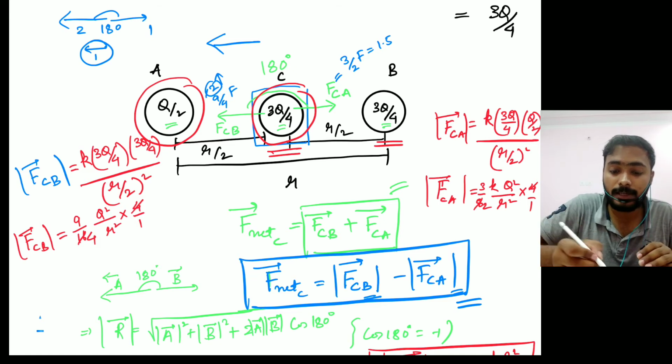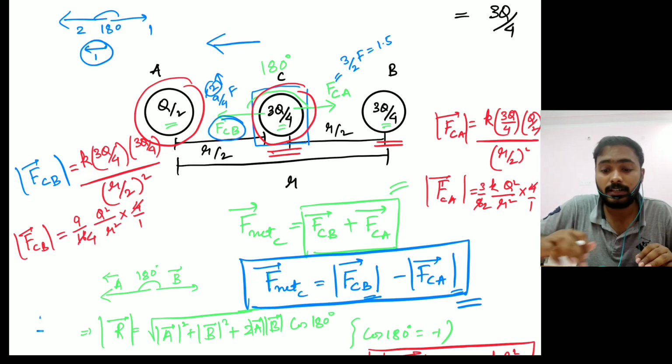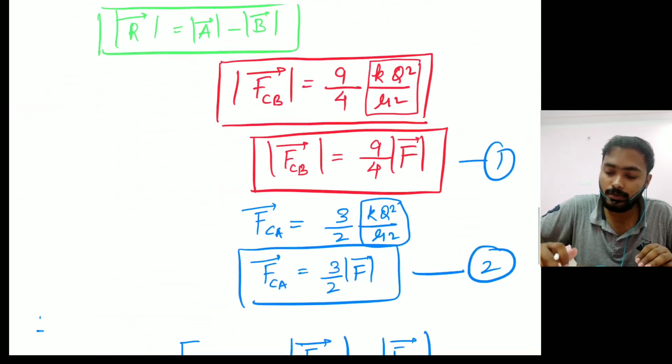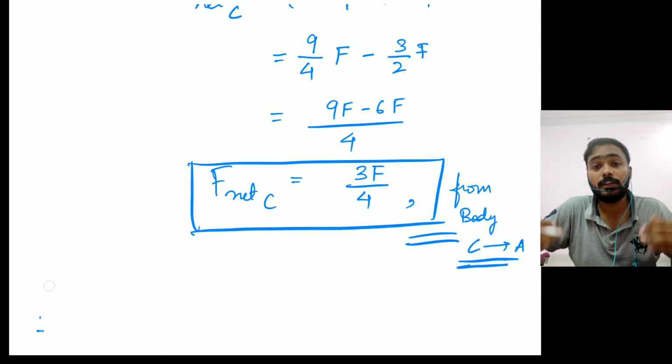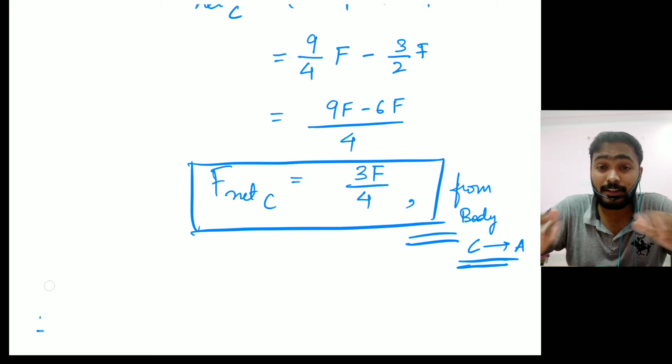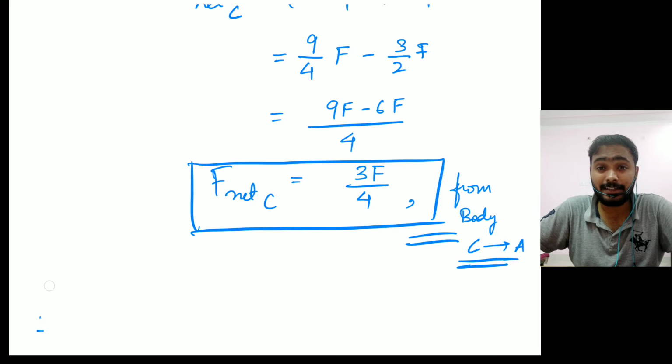So very similarly here also the greater magnitude is your FCB. Direction will be from C to A, from body C to A, that will be your resultant direction. I hope that is understandable. So if that is understandable, let's move on to our next question.